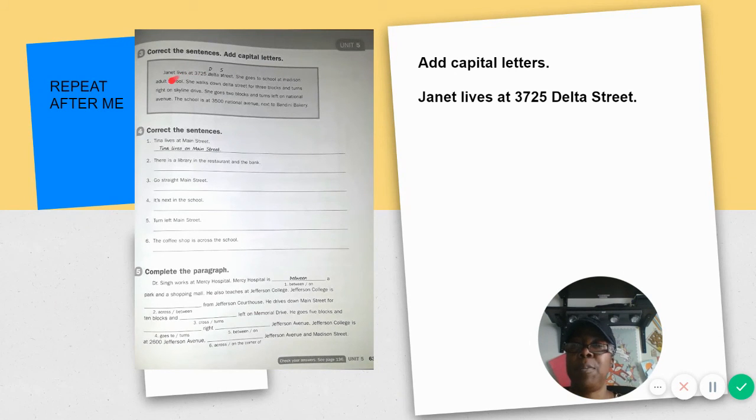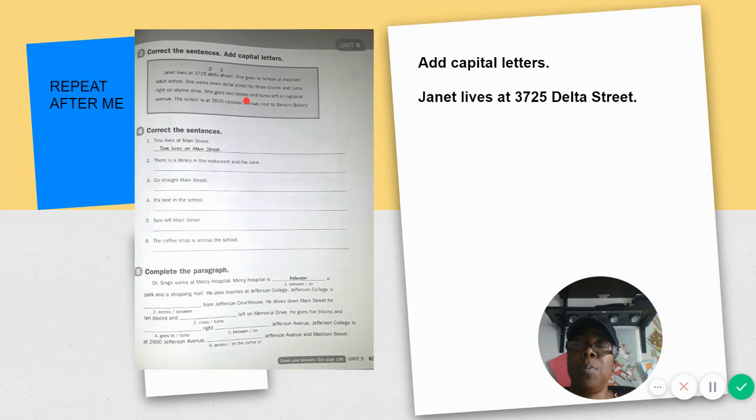Okay, so repeat after me one more time. Janet lives at 3725 Delta Street. She goes to school at Madison Adult School. She walks down Delta Street for 3 blocks and turns right on Skyline Drive.